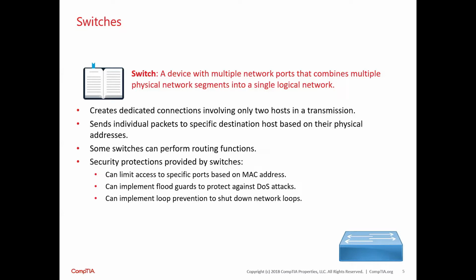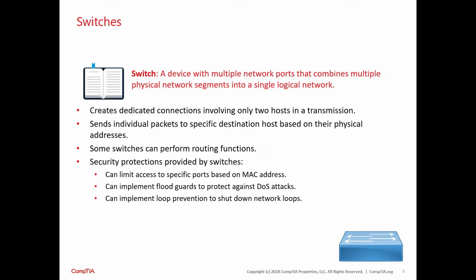You can use several security protections provided by the switches, such as MAC address protection, which can limit access to specific hosts based on MAC address. This is called MAC address filtering.